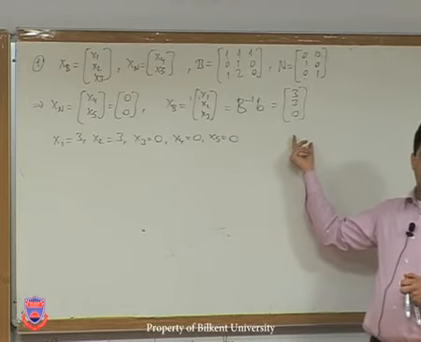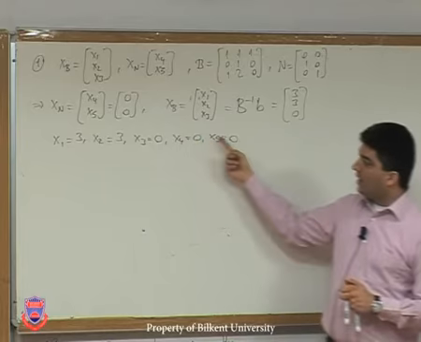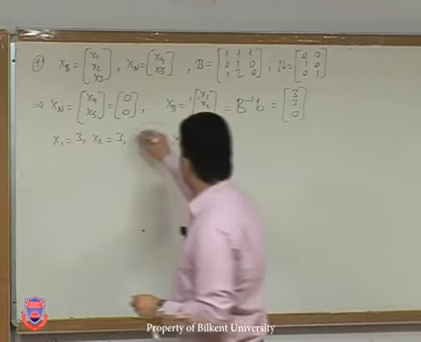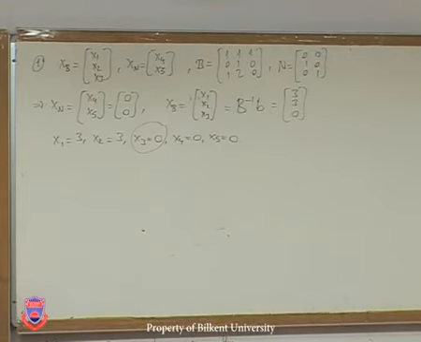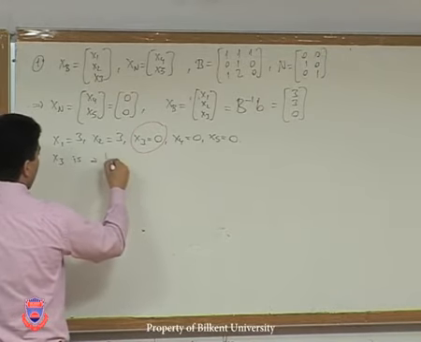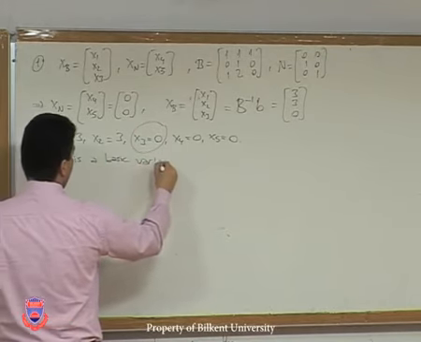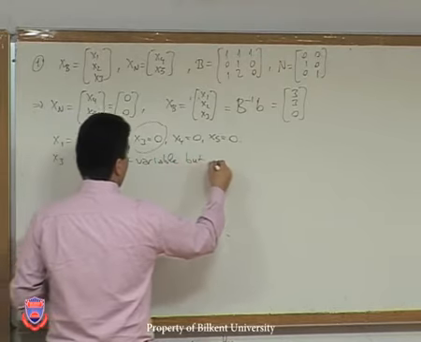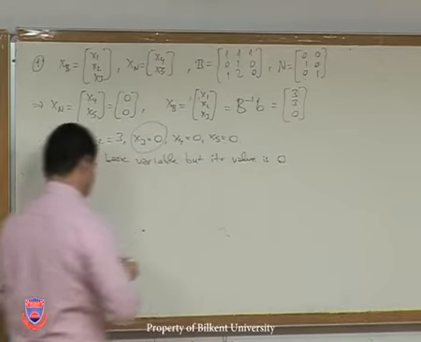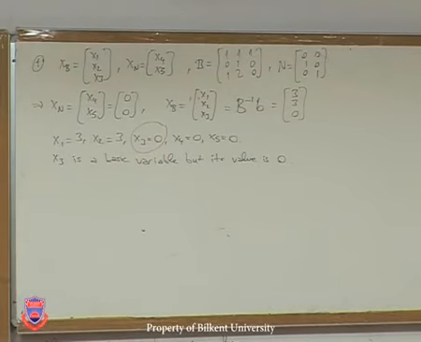All non-basic variables are equal to 0, and the third basic variable is also equal to 0. Let me circle that. So x3 is a basic variable, but its value is equal to 0. Does everybody see that?